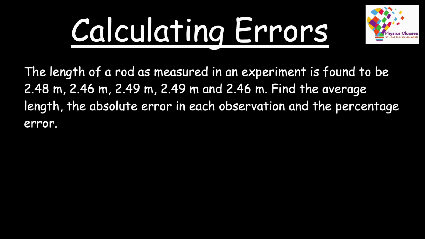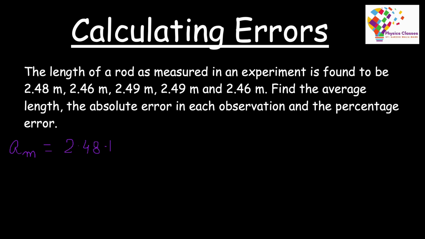The length of a rod as measured in an experiment is found to be 2.48 meters, 2.46 meters, 2.49, 2.49 and 2.46 meters. You have to find the average length, the absolute error in each observation, and also the percentage error. The first thing I will have to do is measure A mean.